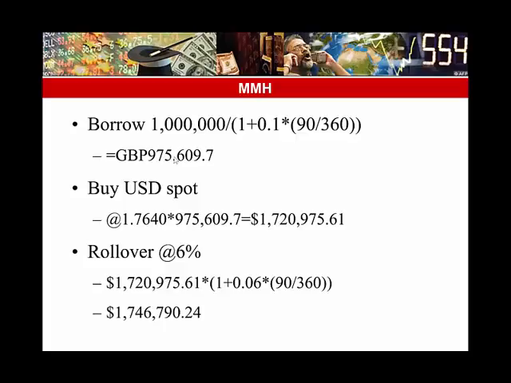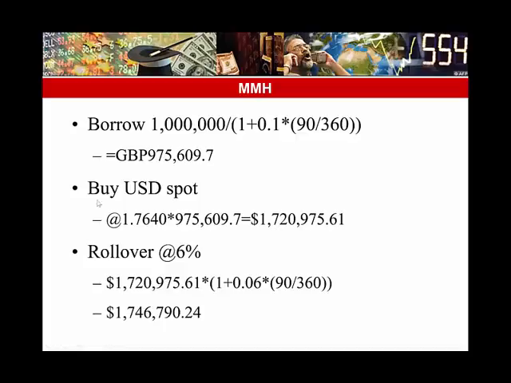So borrowing 975,609 pounds today gives us, at the rate of 1.7640, which is the spot rate right now, 1,720,975.61 dollars. This is as of today, which means at time 0.